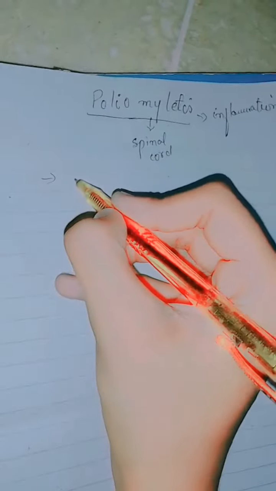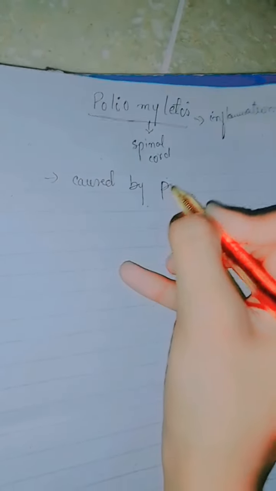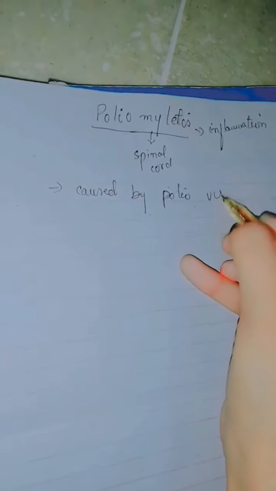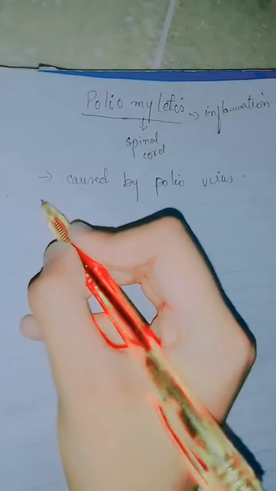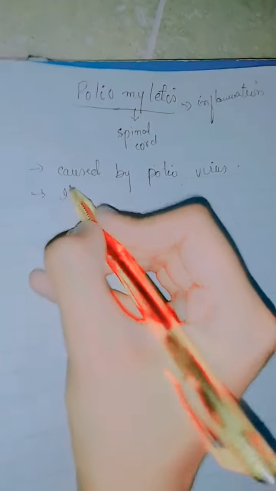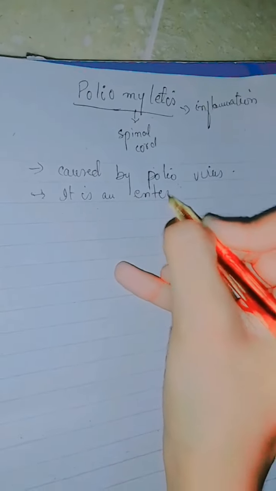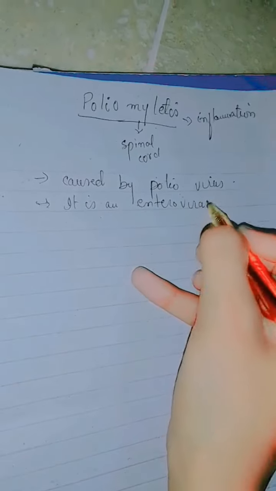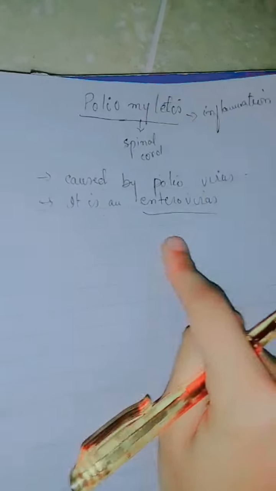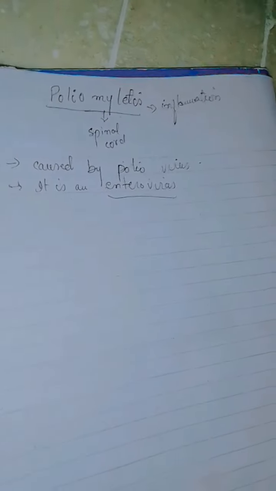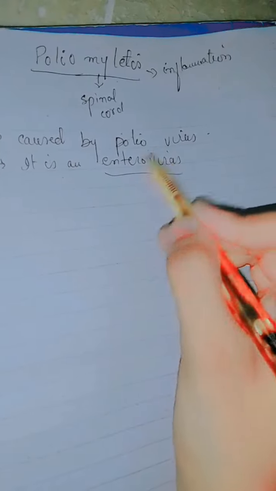So polio is basically caused by a polio virus. This virus is an enterovirus. Enterovirus, what does it mean? It means that this virus enters from the mouth and leads to the intestine. That is known as enterovirus.